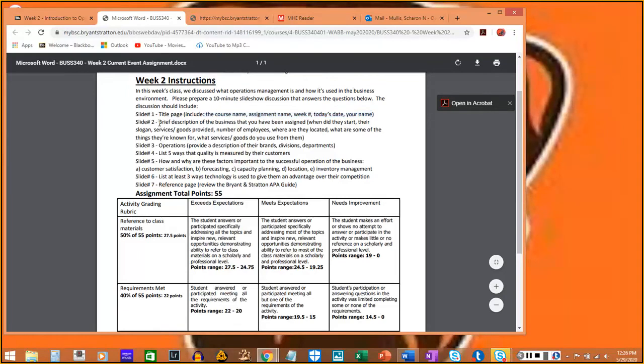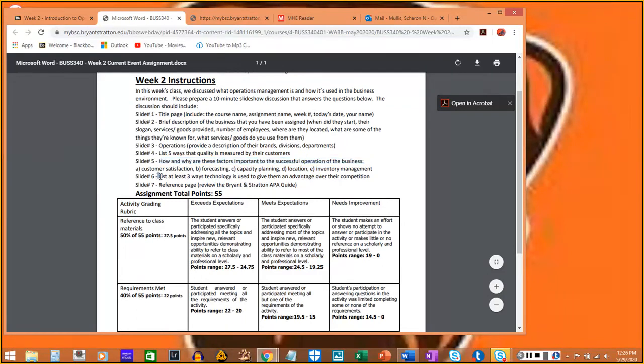Slide 2, the heading should be this. Slide 3, the heading should be operations. Slide 4, the heading should be list 5 ways the quality is measured by their customers. Slide 5, how and why are these factors important to the successful operation of business? That would be the heading.